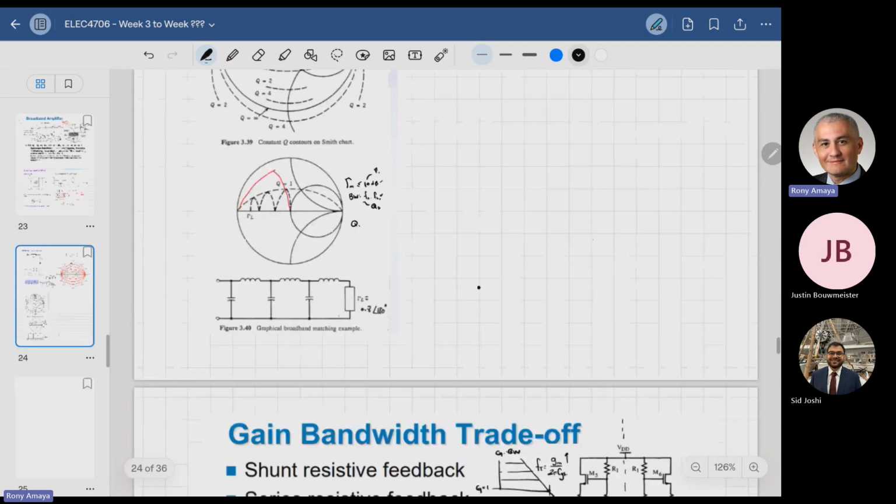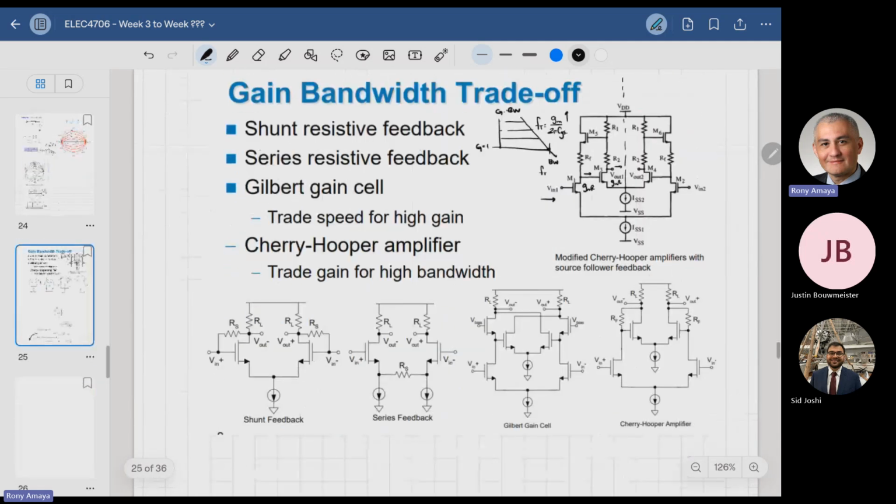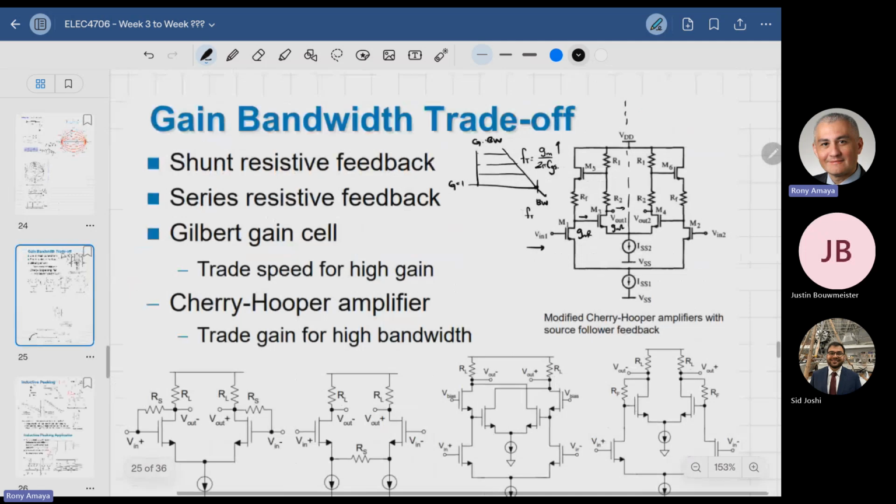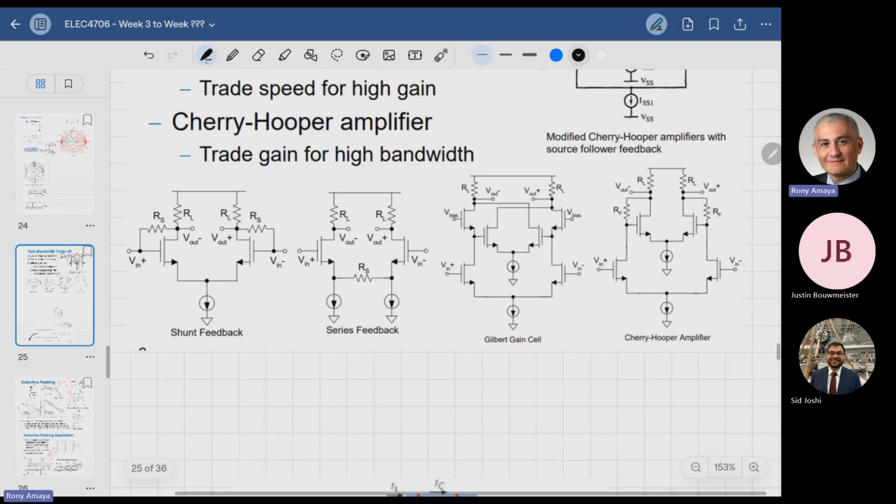All right, so gain bandwidth trade-off, we talk a little bit about that. We can trade gain with bandwidth by using resistive feedback. And one of those is either a Gilbert cell, so here you have your RS, that's your series feedback component. When you have a feedback amplifier, the transfer function of an amplifier is like this, right? It's decaying.